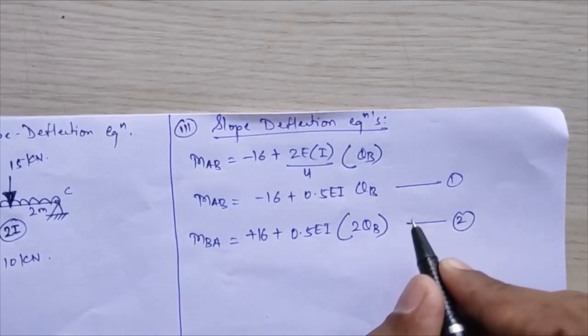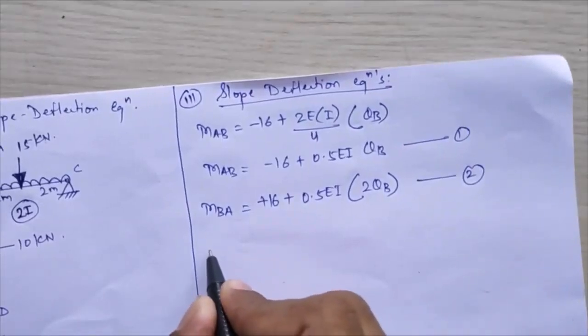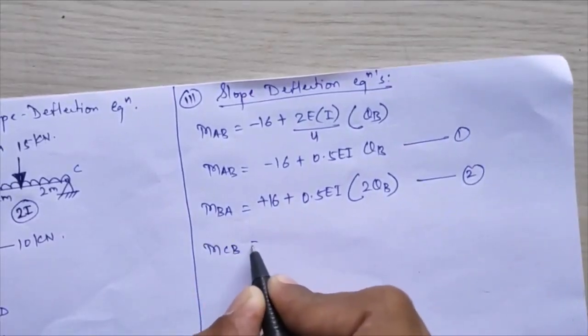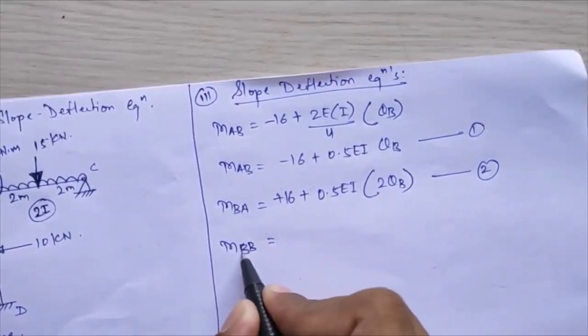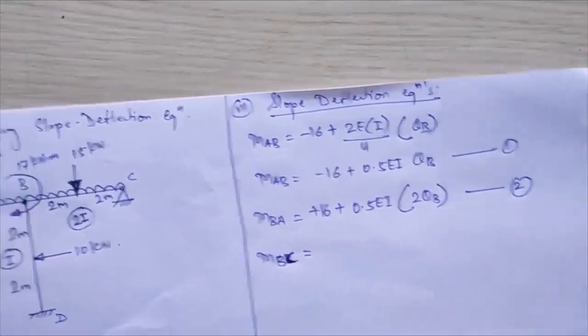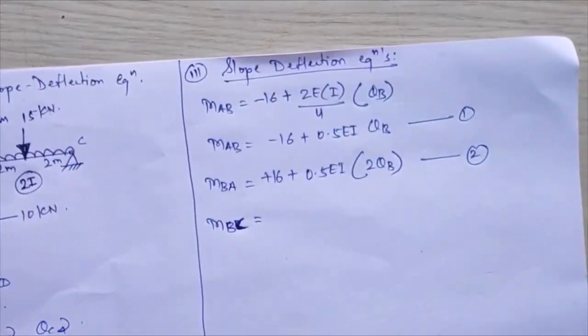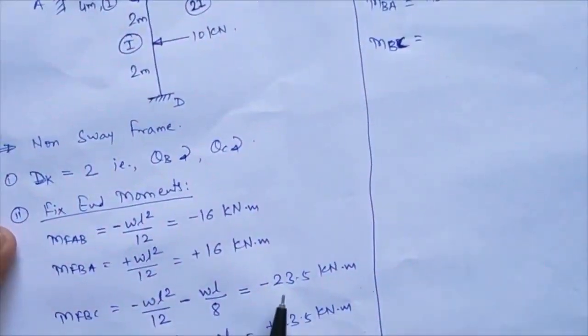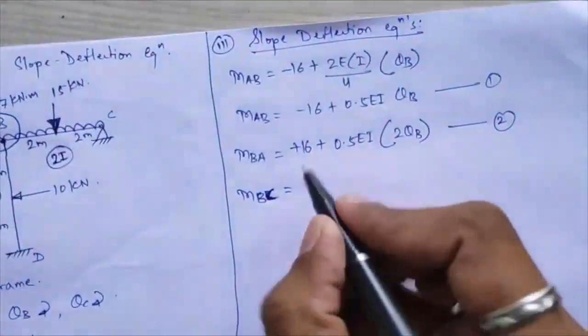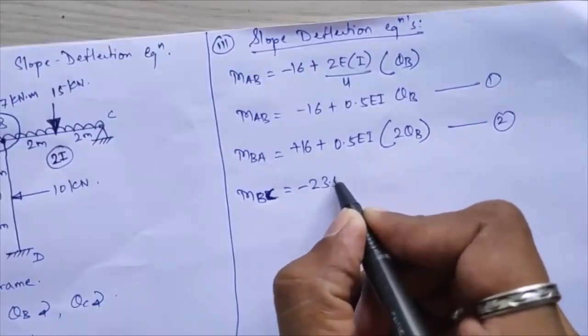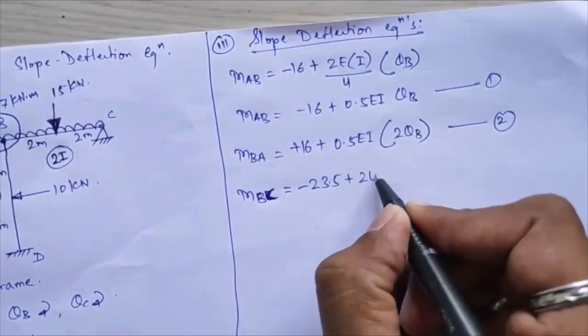Okay, now we'll see our next slope deflection equation, that is MBC. We'll shift to the next member. So MBC will be equal to MFBC, which we have calculated as minus 23.5, plus 2E times the I value.